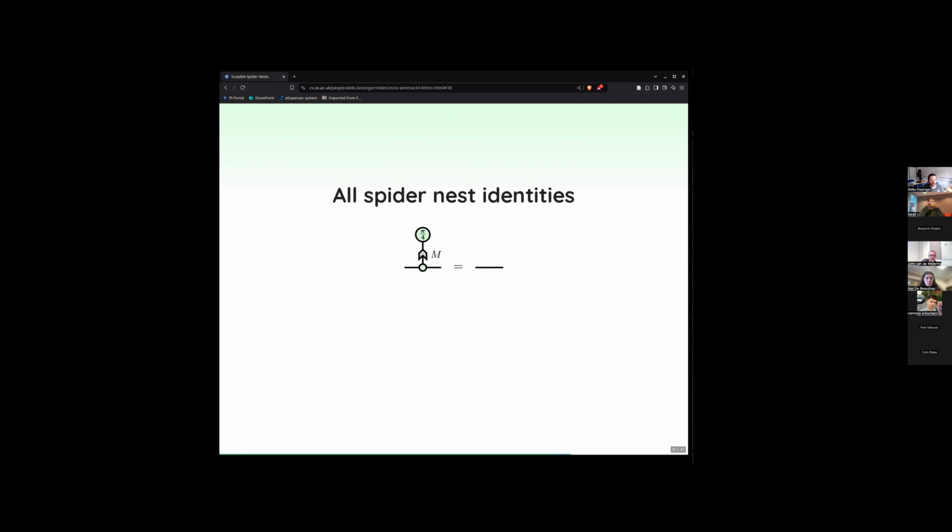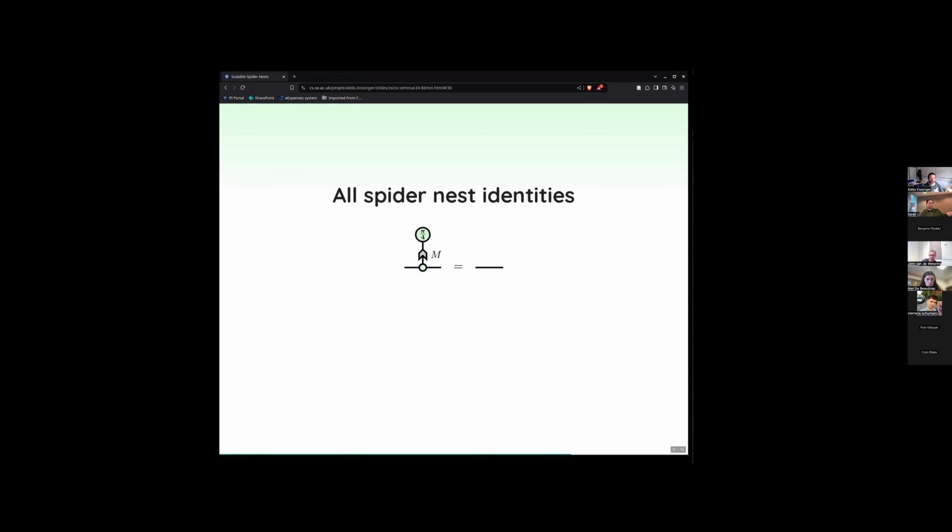Okay, and in fact, they all take the following form. So they're all of the form of some bunch of phase gadgets. The way that I can write a whole bunch of phase gadgets is actually just, I put a parity matrix here. Remember, this is a bunch of green dots connected to a bunch of red dots. And then I connect all of those red dots to a pi by 4 spider.